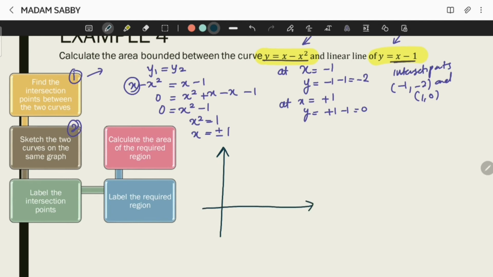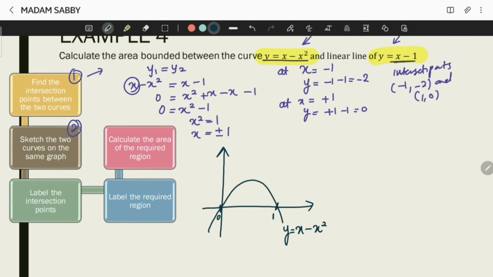You can also determine the x-intercepts from here. It should be x minus x squared, so the x-intercepts are 0 and 1. So this is your y equals x minus x squared. It intersects at x equals 0 and x equals 1.